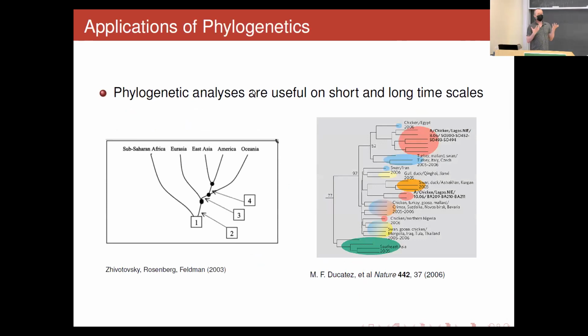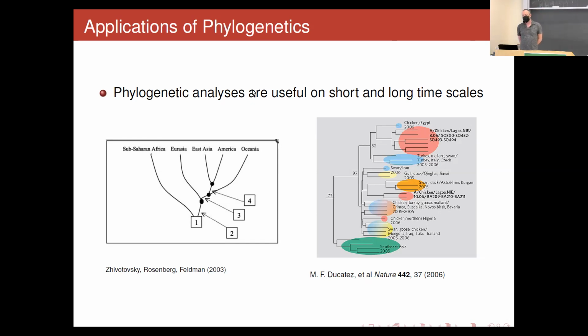These phylogenetic analyses are useful both on short time scales and on long time scales. That wasp phylogeny was on the order of tens of millions of years. But you can also do much shorter time frame phylogeny. On the left is a phylogeny just within humans.